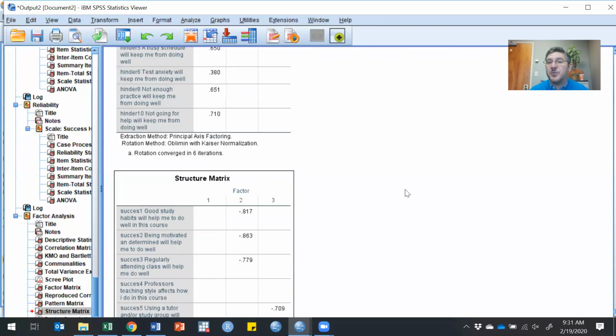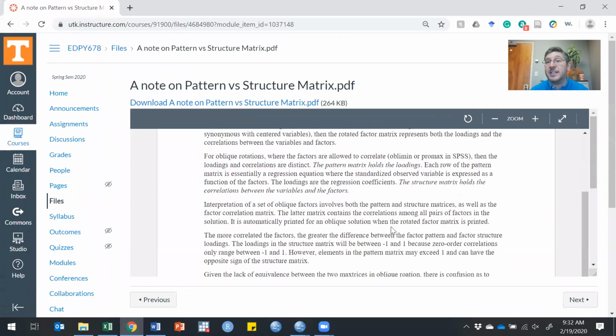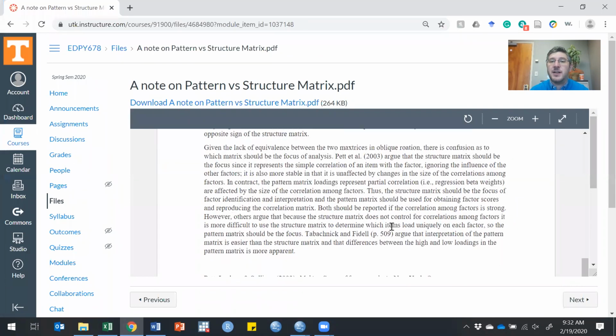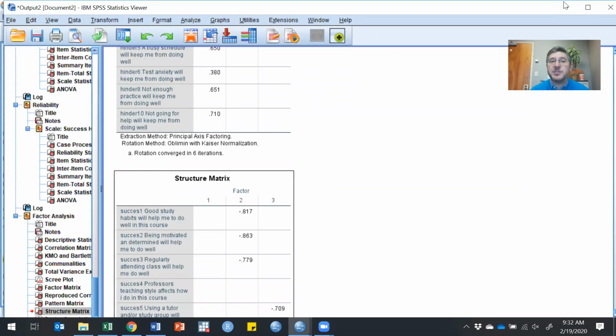I supplied a little note on Canvas that gives more detail about these two. If you look on Canvas, there should be a note on the difference between the pattern and structure matrix. I'll go into a little more detail about them, and then give you the citations from Pett and Tabachnick and Fidell about which to use.